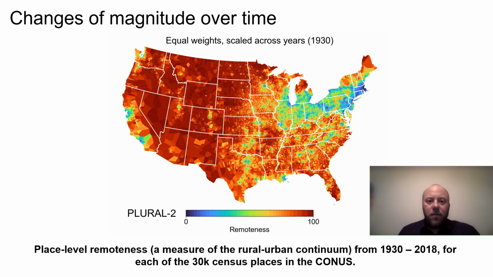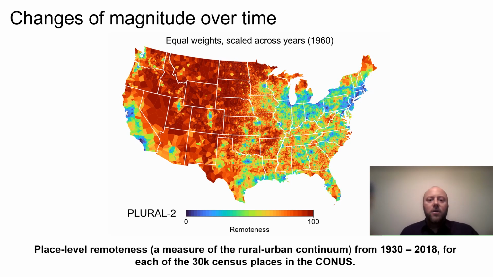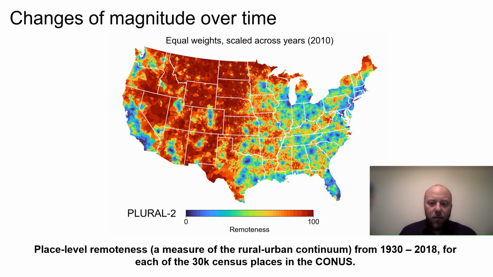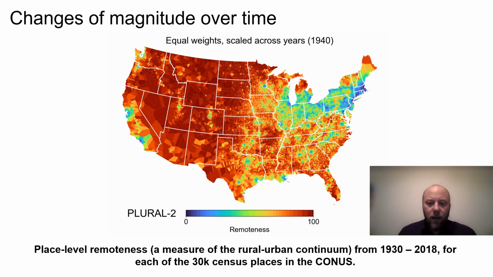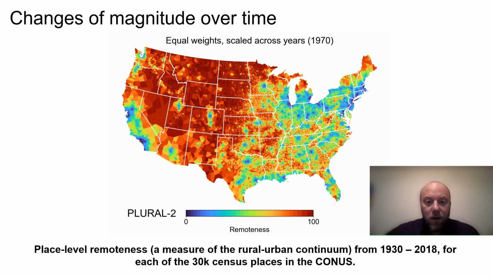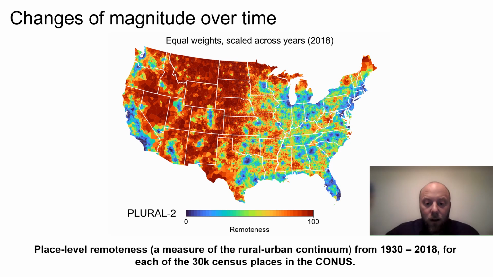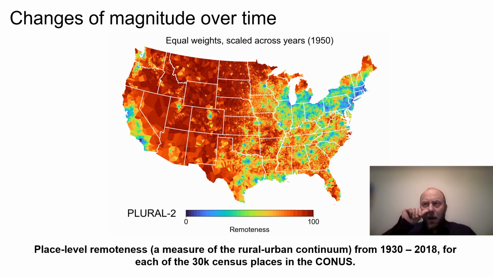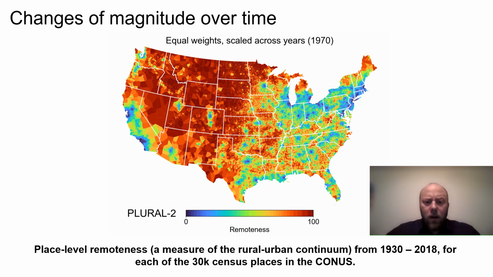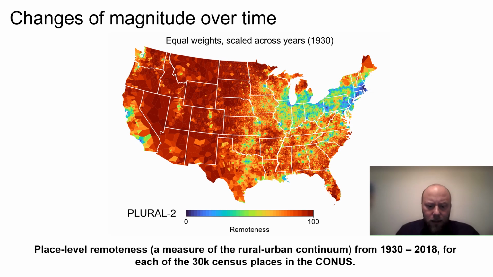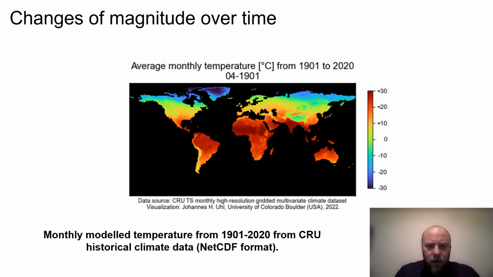So this is an example to visualize the change of magnitude over time by such an animated choropleth map. Again, the color scale here may be debatable. I think this is the turbo color scheme, which was, I think, developed by Google. Yeah, maybe you can discuss this later on.